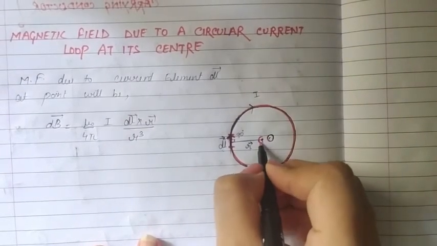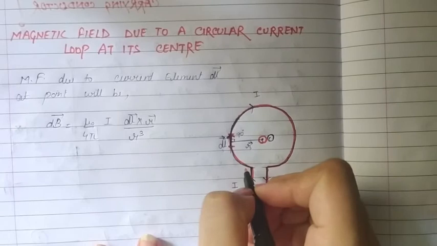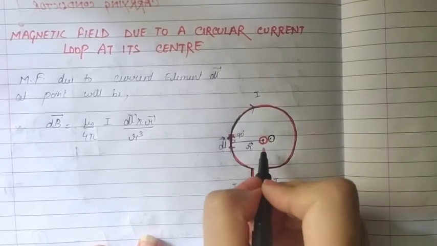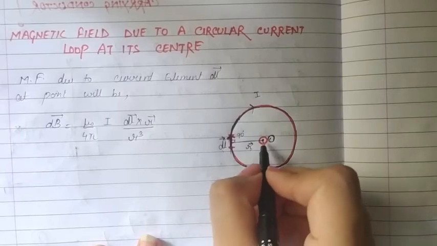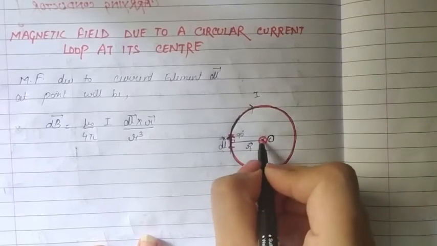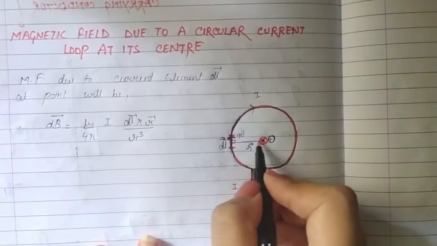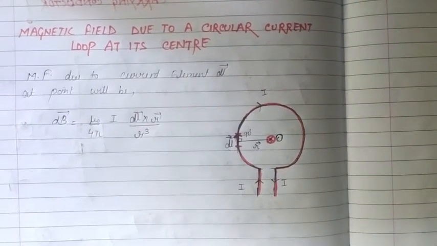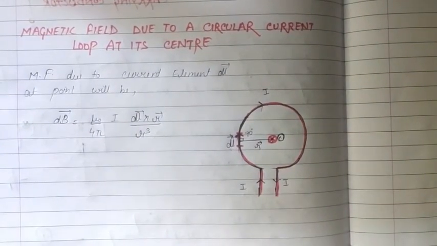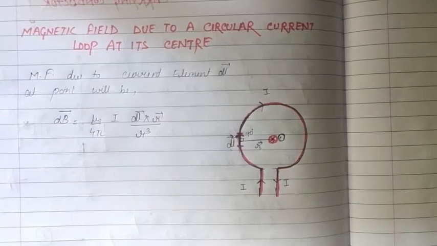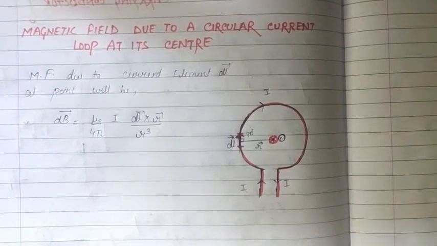So the direction of magnetic field at point O will be normally into the paper, and we show it by a circle containing a cross in it, or we can say an encircled cross. An encircled cross shows the direction of magnetic field that is normal and into the paper, right?